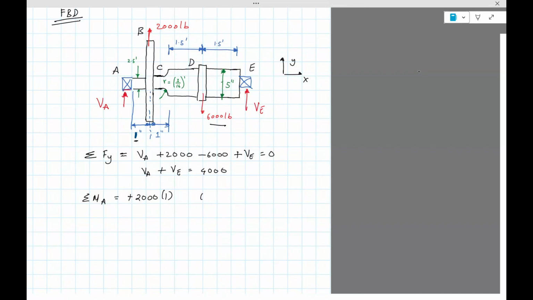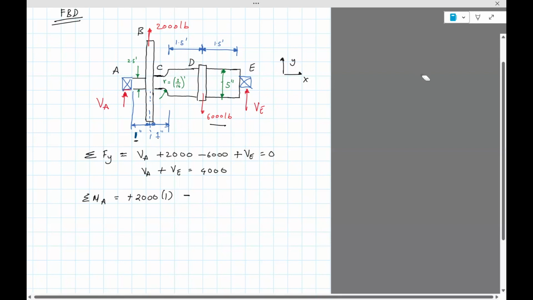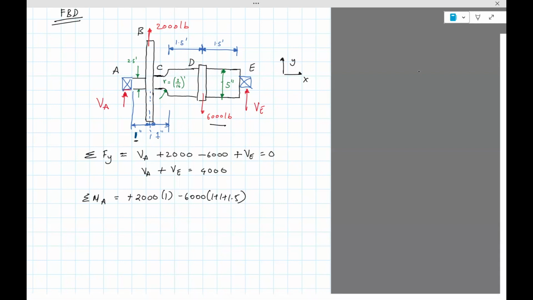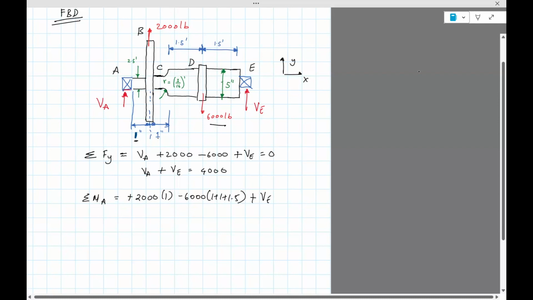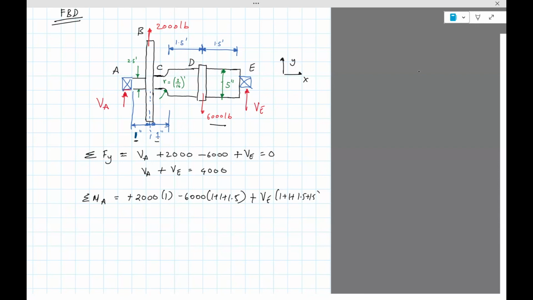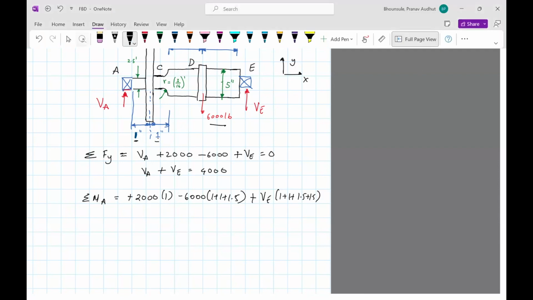Then we have 6000 acting at a distance of 1 plus 1 plus 1.5, acting in the clockwise direction, so negative. And then VE will act counterclockwise, so positive, at a distance of 1 plus 1 plus 1.5 plus 1.5. All this should be equal to 0.